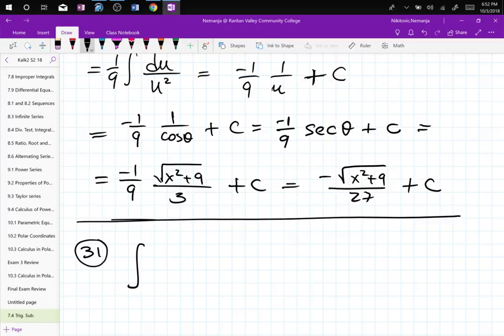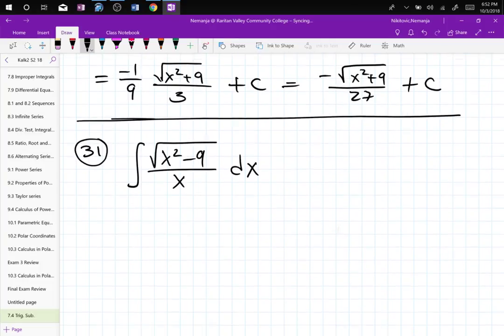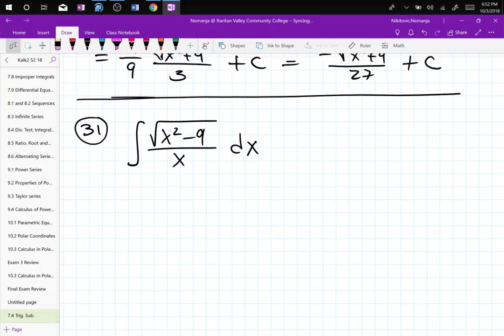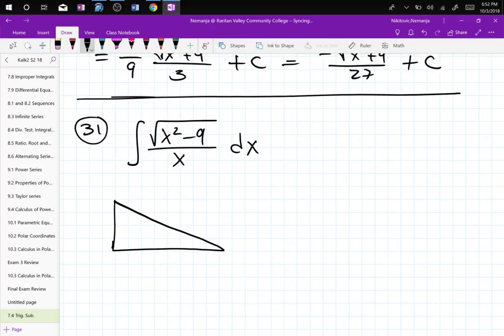Integral square root of x squared minus 9 over x dx. Great. I have a negative, which means c is x, because the first value is always the hypotenuse when you have a minus sign.